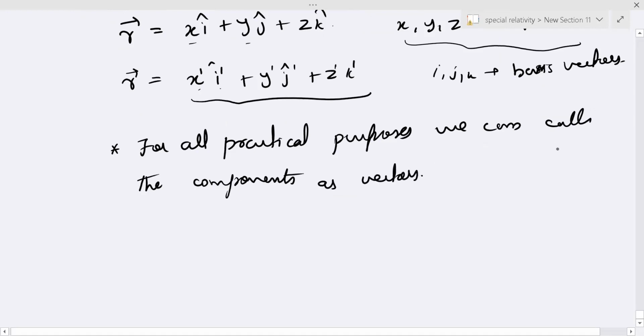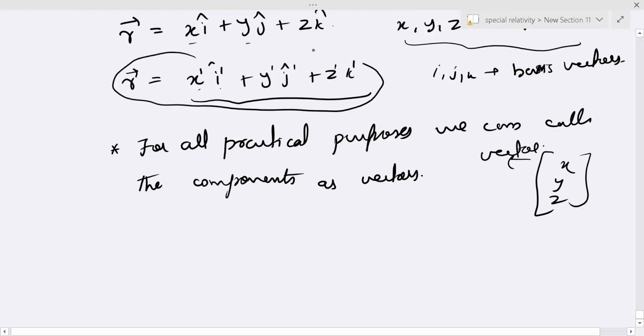So for all practical purposes, you can take three numbers x, y, z and call it a vector, no problem. But you have to remember that the actual vector is a geometric object like this. It's invariant, but the components of a vector transform when you make a coordinate transformation. In special relativity especially, there is no problem in calling these components themselves a vector, but you have to remember these are only components of a vector.